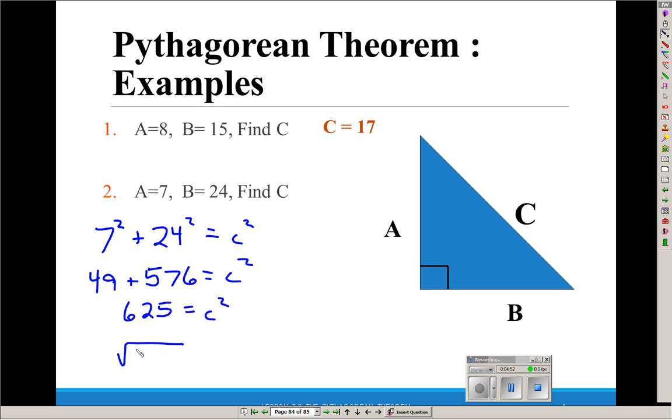Then when you square root each side to undo the square, C is 25. A squared plus B squared equals C squared. A and B are the legs, C is the hypotenuse, and C is always the biggest side.